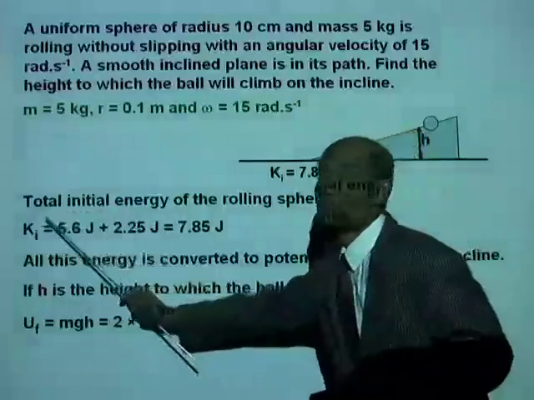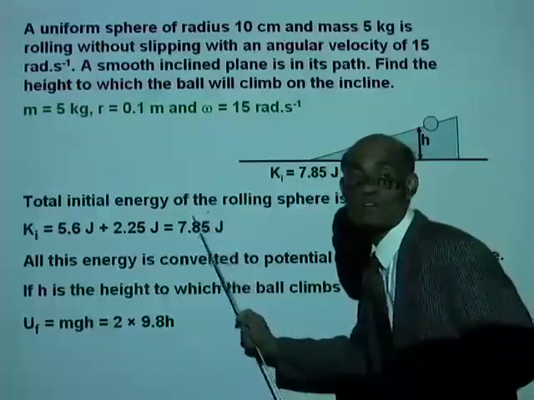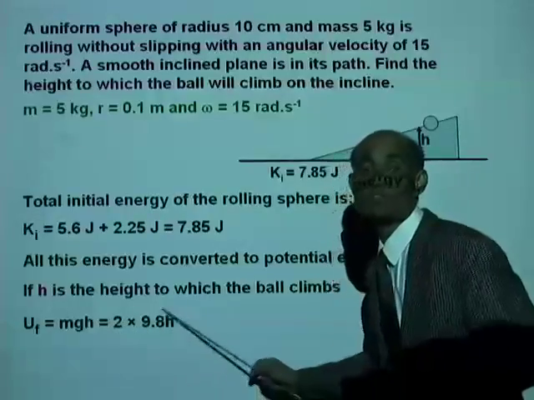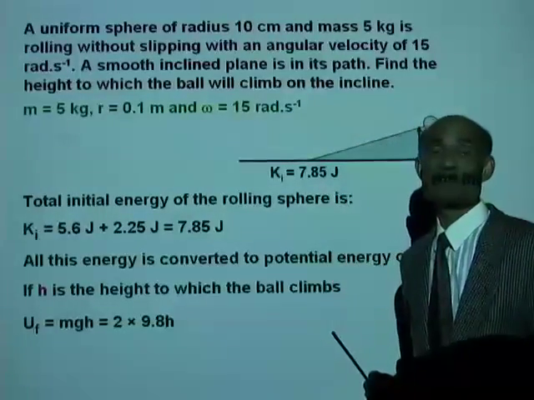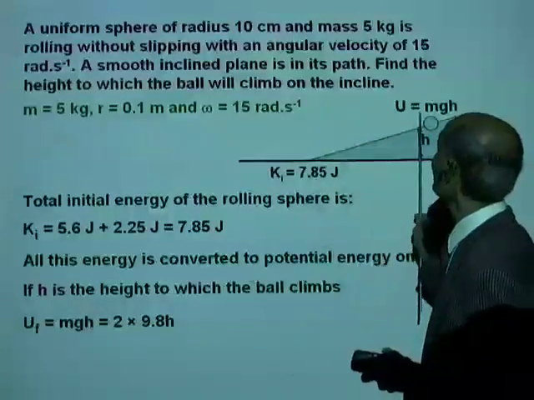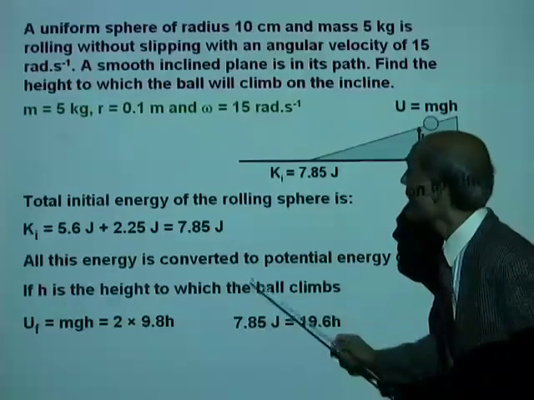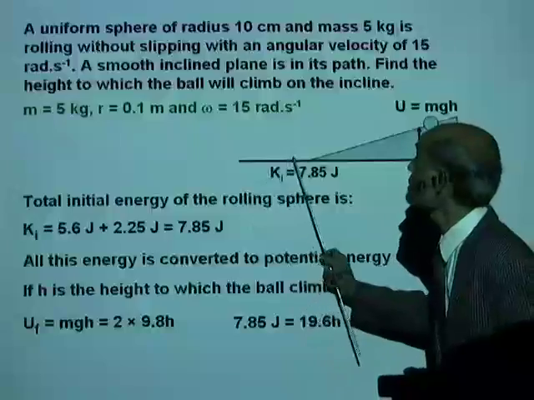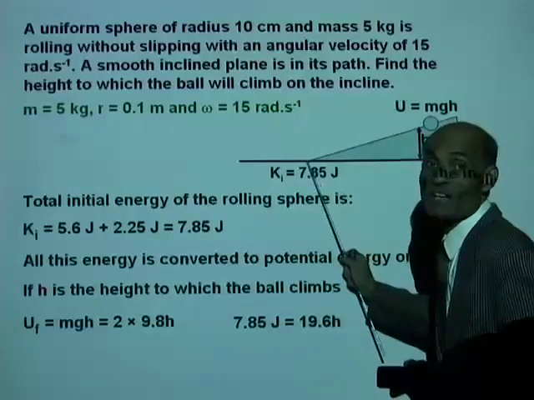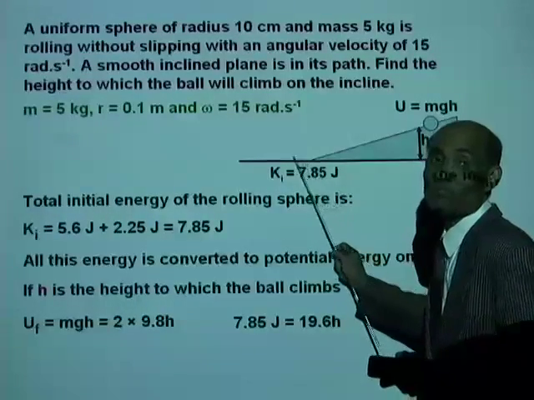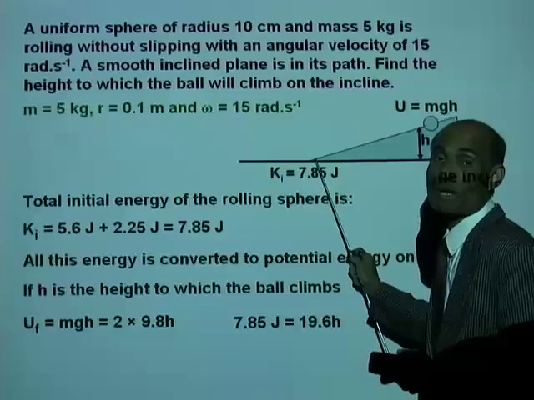Now, the total initial energy must be equal to the final total energy. Is that right? So we say 7.85 joules, which is the total energy when it came to the bottom of the inclined plane.